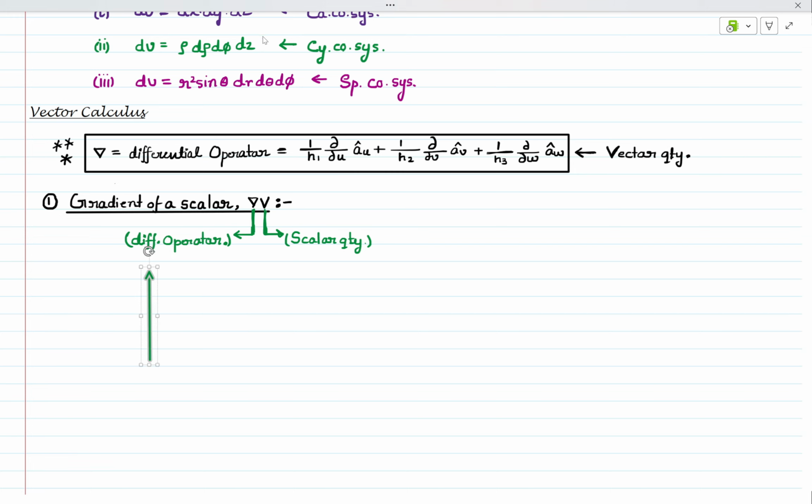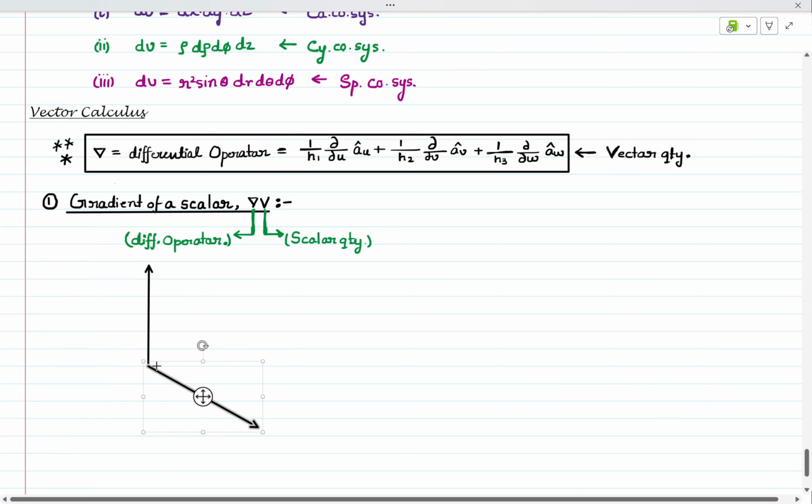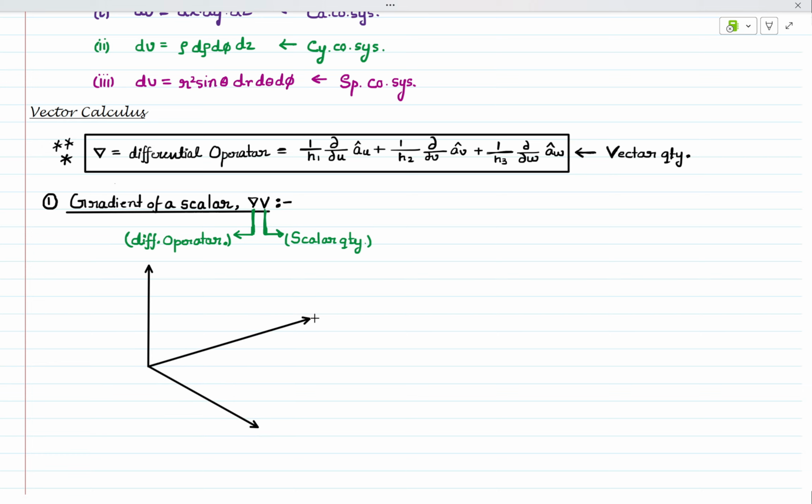I am drawing a three-dimensional space here, with axes x, y, and z.